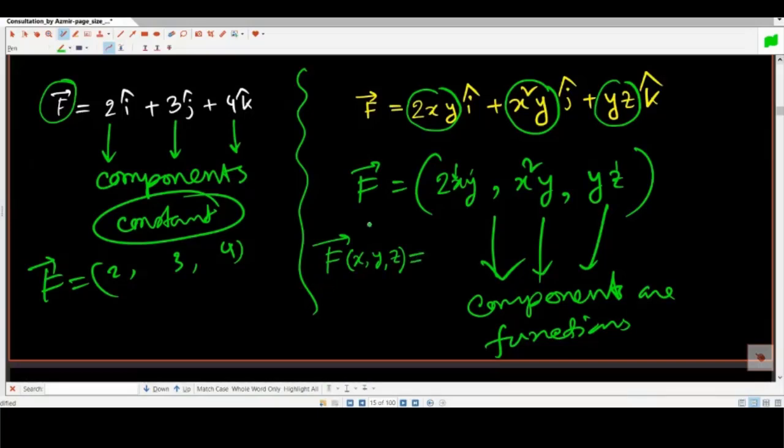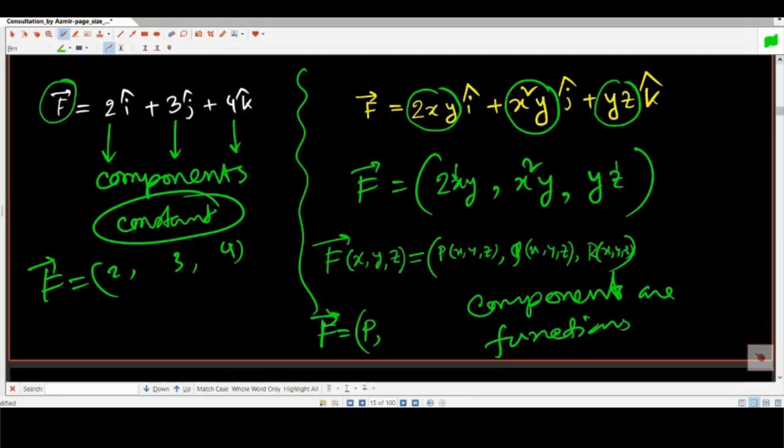So this vector is a combination of three functions. Let's say 2xy, x squared y, and yz. So these three are also functions of x, y, z. We can write it this way: p of x comma y comma z, q of x comma y comma z, and the last one, yz, will be r of x comma y comma z.